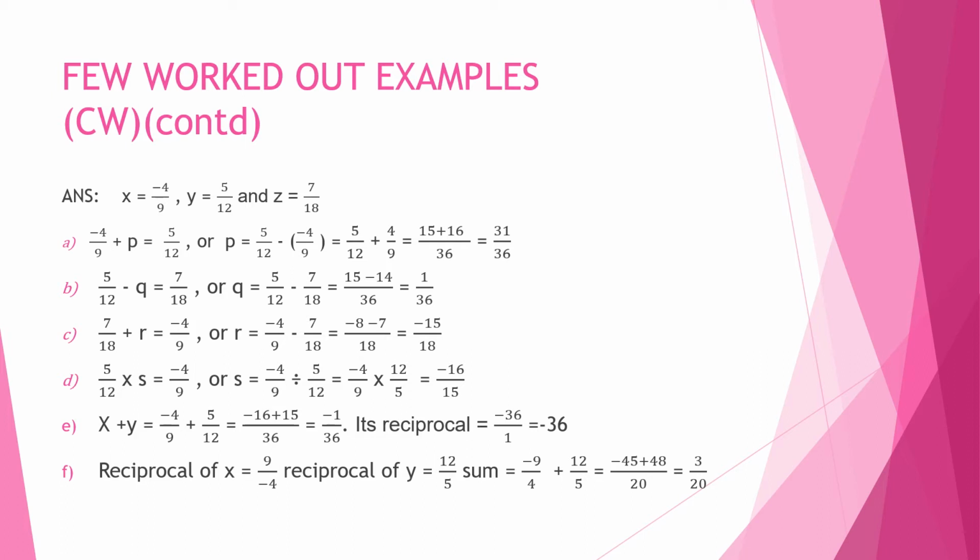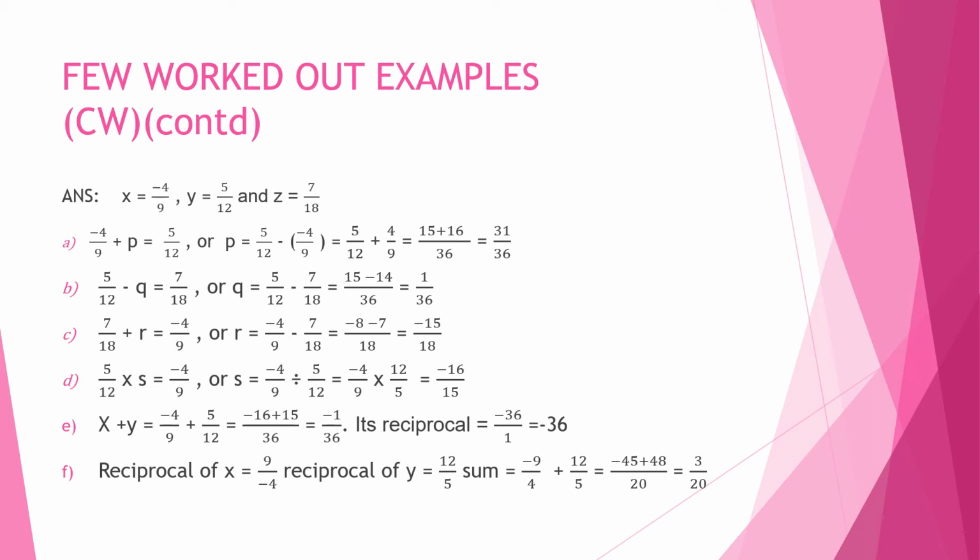The next part, the question was to find the reciprocal of x plus y. We need to find out the value of x plus y first and then its reciprocal. The reciprocal of x plus y is not 1 by x plus 1 by y.